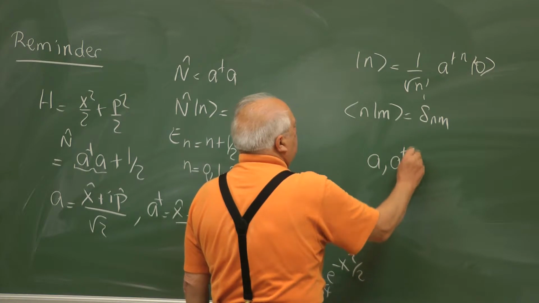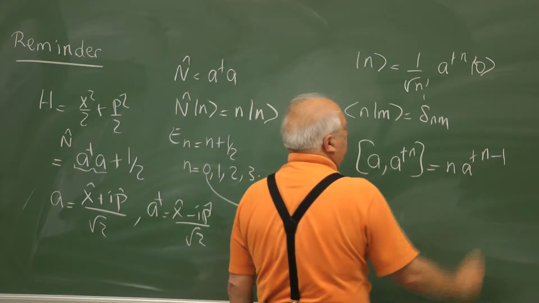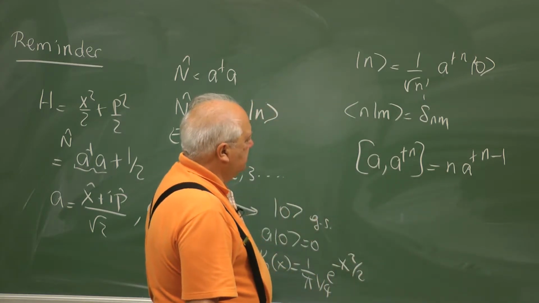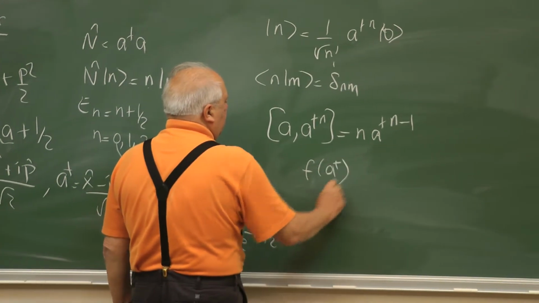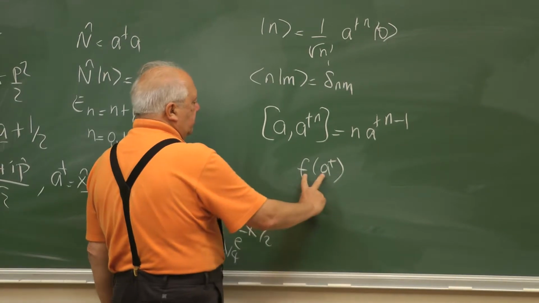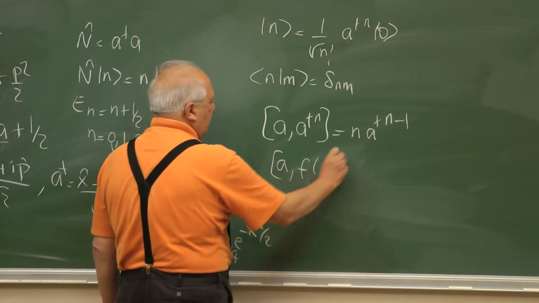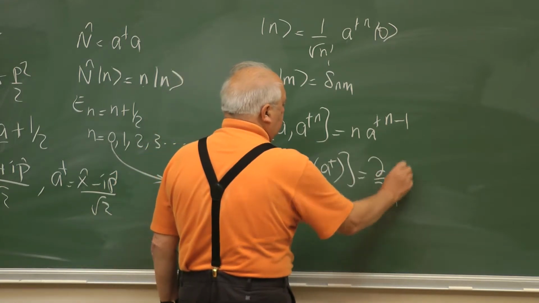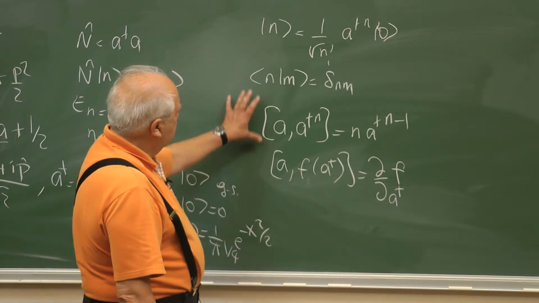a dagger |n> was root n plus 1 times |n plus 1>. So if you expand an operator function, if it's possible to expand it in a power series, then the commutator of a with f of a dagger is equal to the derivative of f with respect to a dagger. This is one group.